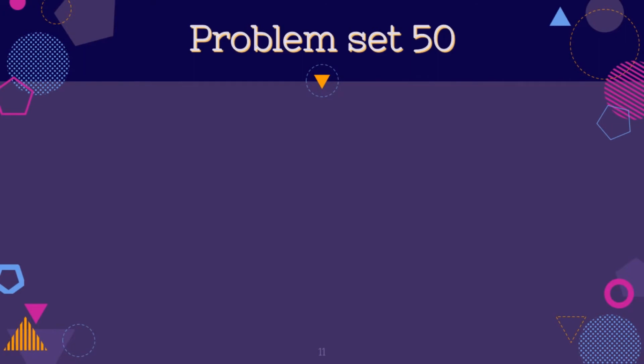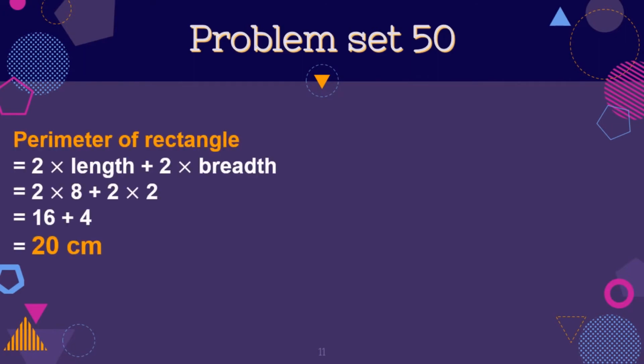Now let us find out the perimeter of given rectangle. We have the formula, perimeter of rectangle is equal to 2 into length plus 2 into breadth. And we have the length of the rectangle is 8 and breadth is 2 centimeter. So we write 2 into 8 plus 2 into 2, which is equal to 16 plus 4, which is equal to 20 centimeter.